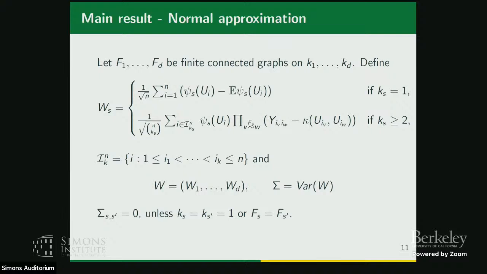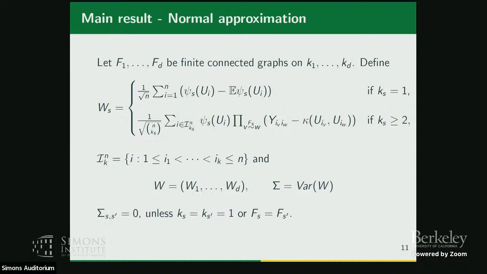You only have functions depending on U_I. To make sure that the limiting normal distribution has mean 0, we just subtract the mean of this quantity. Otherwise these quantities are always mean 0. Whenever the size is at least 2, you have at least one edge in the graph, so you get this.